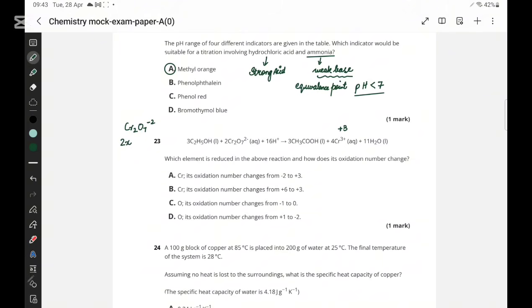So if I have to find for chromium, I'm going to put x there, plus 7 times -2, which is the oxidation state of oxygen, which is equal to -2. So 2x minus 14 equals -2. 2x is equal to -2 plus 14, that becomes 12, and x comes out to be 6. Oxidation state of chromium is +6.